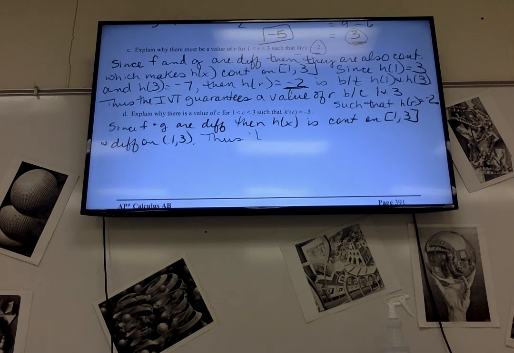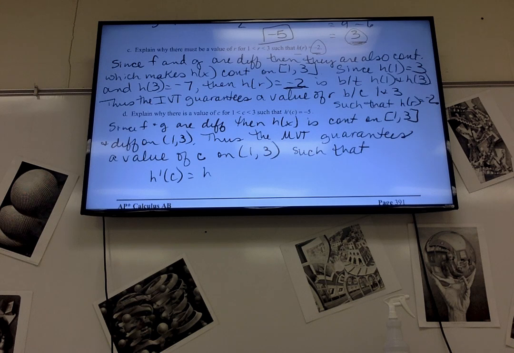Thus, the MVT guarantees a value of C on the interval 1 to 3 such that h prime of C equals h of 3 minus h of 1 over 3 minus 1, which is -5. We did that on part B, by the way.